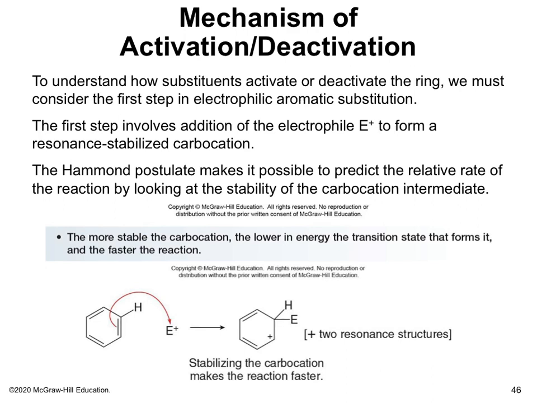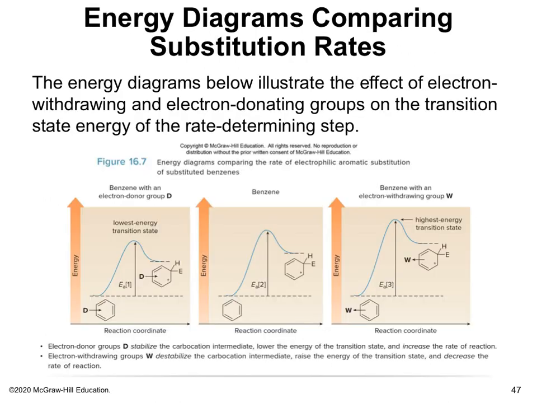And so we have to look at the mechanism, draw the sigma complex, and then draw the resonance structures of the sigma complex. You have a good POGL exercise that shows this. So this is the rate determining step, the first step to get our sigma complex.